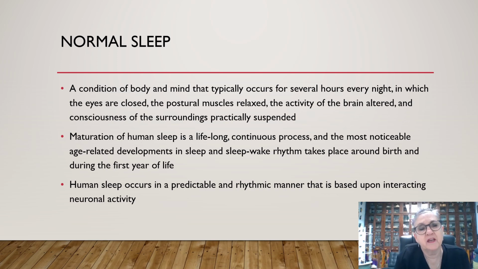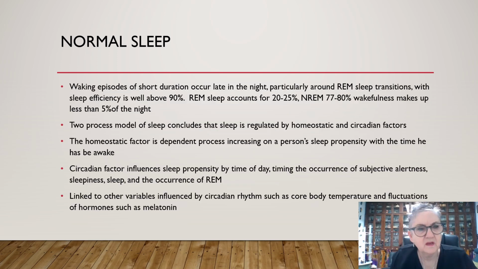Human sleep is a lifelong, continuous process. Most noticeable are age-related developments in sleep. Sleep-wake rhythm takes place around birth and during the first year of life. Human sleep occurs in a predictably rhythmic manner, which is based upon interacting with the neural activity.